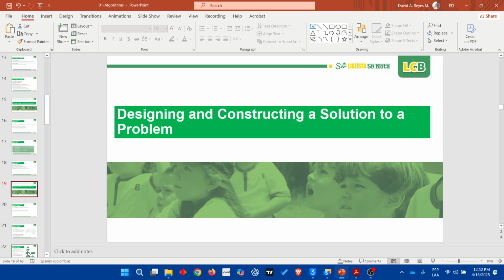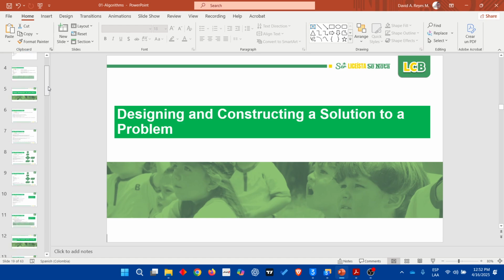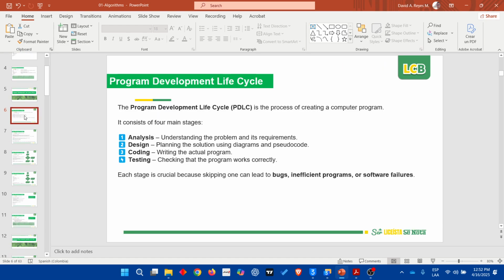Designing and constructing a solution to a problem. That means that now we are going to go to our second stage, that is designing, or design, planning the solution using diagrams and pseudocode.